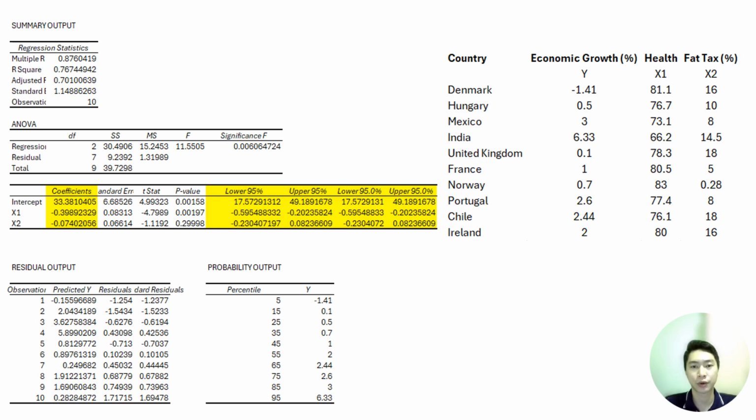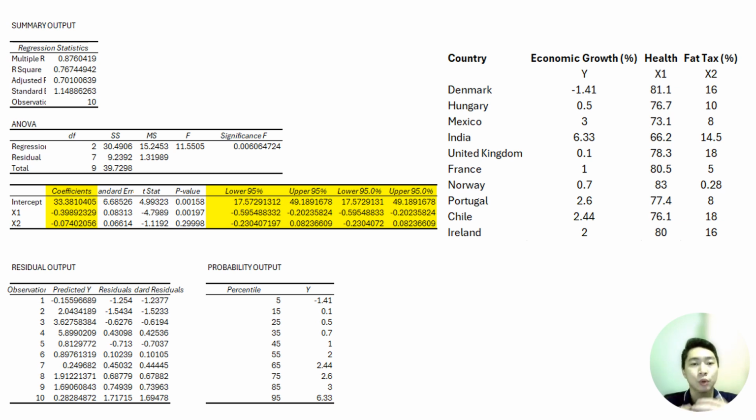For the economic growth, it is taken into consideration after each country implemented their VAT tax. It also shows the economic growth rate to see if the country is doing well with the implementation of the VAT tax. So, using the data that we have gathered, we then create regression statistics to calculate the coefficient.